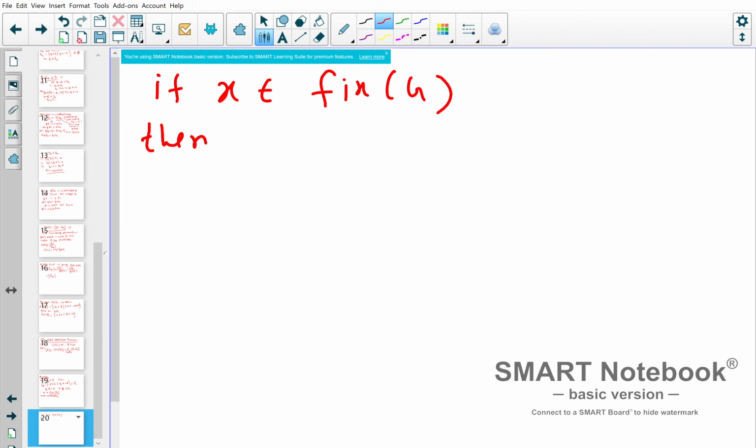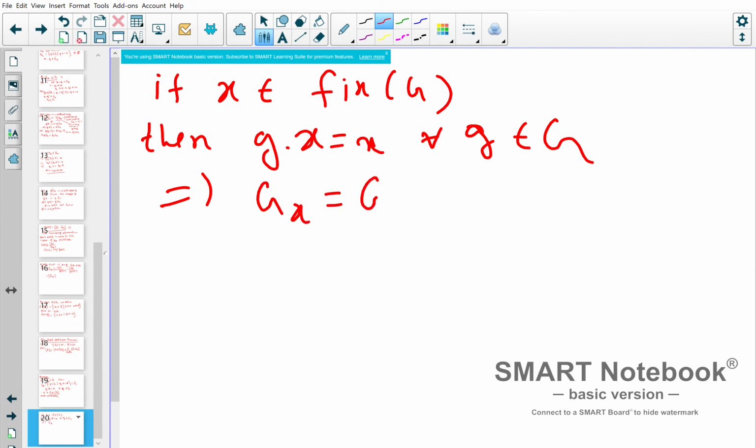Then g dot x will be equal to x for all g belonging to G, and this implies that G_x is nothing but G, right? Because G_x is the collection of all the g which fix x, and this is true for every g belonging to G, so G_x is equal to G. So what does that mean?